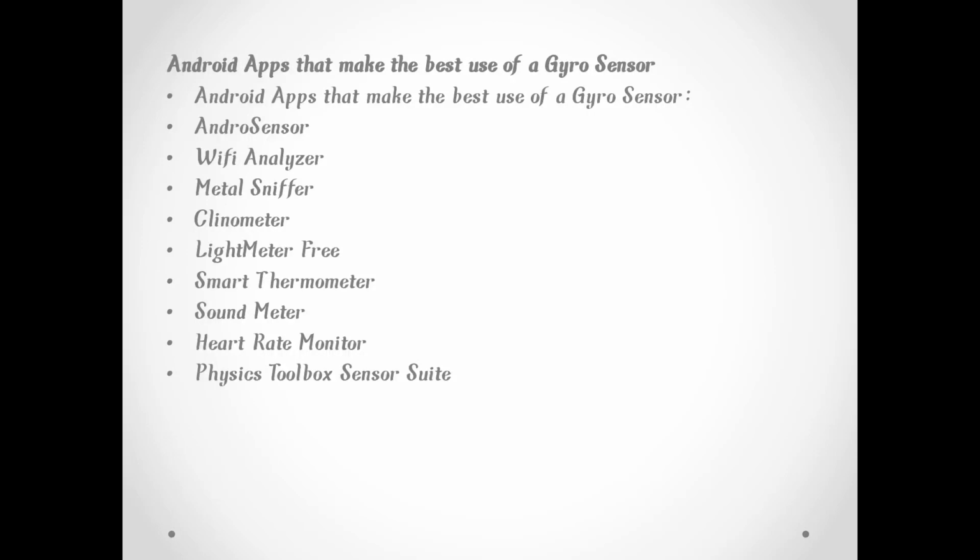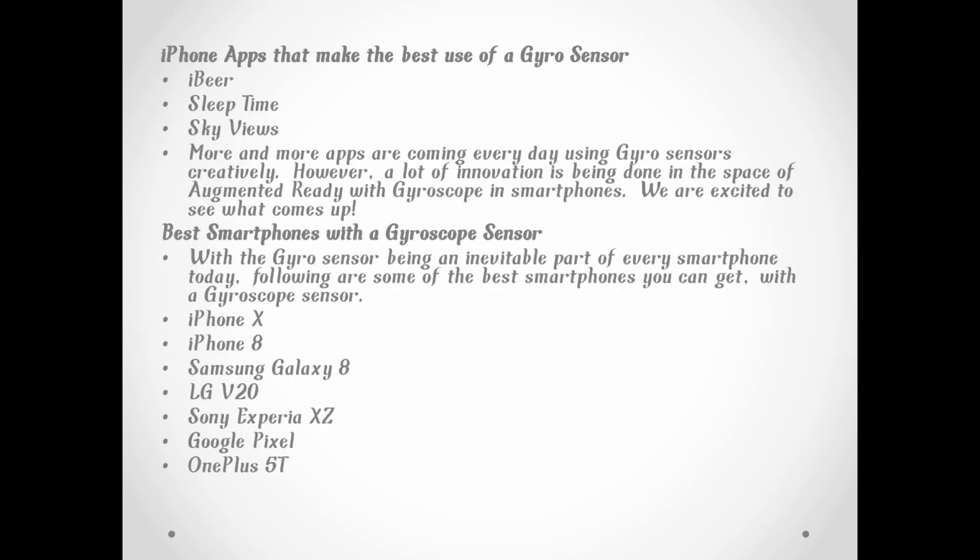Android apps that make the best use of a gyro sensor: Android Sensor, Wi-Fi Analyzer, Metal Sniffer, Clinometer, Light Meter Free, Smart Thermometer, Sound Meter, Heart Rate Monitor, Physics Toolbox Sensor Suite. iPhone apps that make the best use of a gyro sensor: iB, Sleep Time, Ski Tracks, and more and more apps are coming every day using gyro sensors.